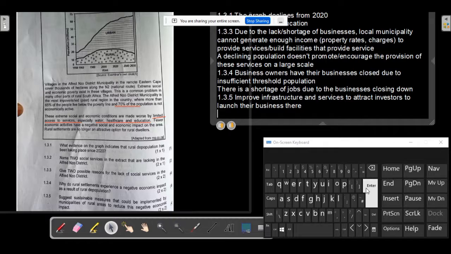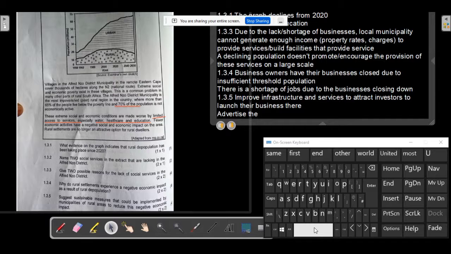The second point would be to advertise. Why don't we advertise this town? Why don't we promote tourism, guys? Let's say advertise these villages.